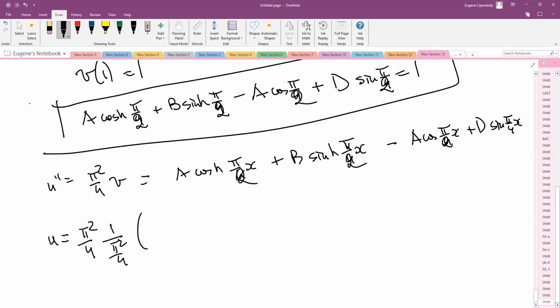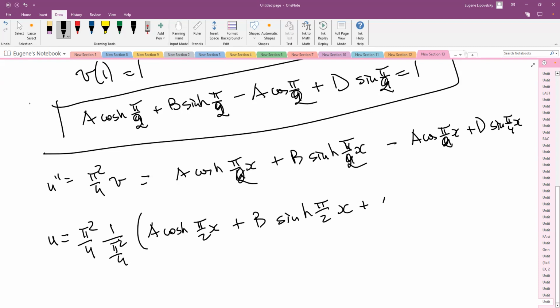The integral of the second derivative will still be the cosh of pi over 2x plus b sinh of pi over 2x. And the integral of cosine will be sine, and the integral of sine will be minus cosine.